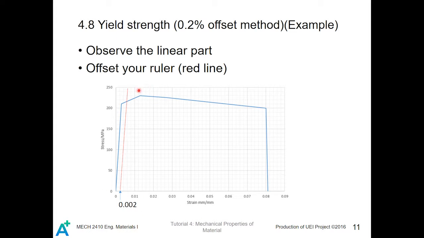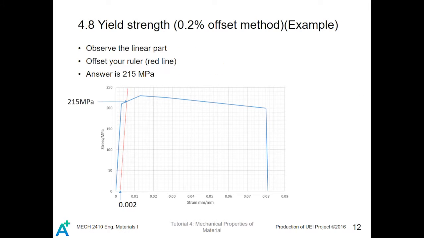And the red line is parallel to the blue linear region. The answer is the intersection, which is 215 megapascal, based on the method we discussed.